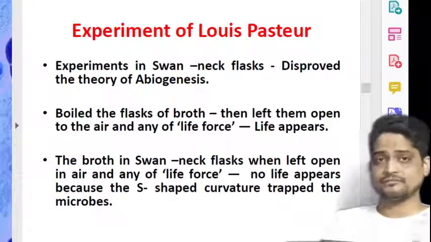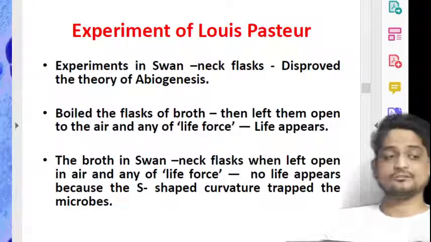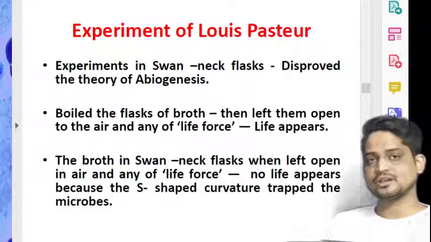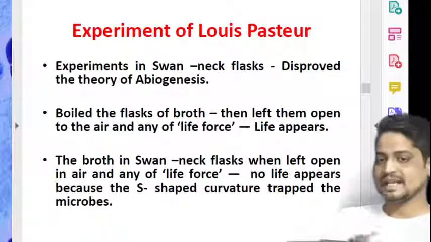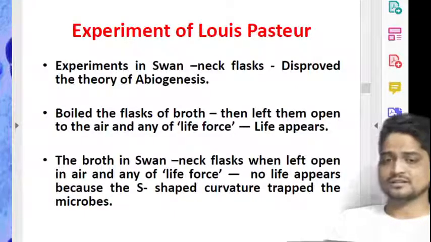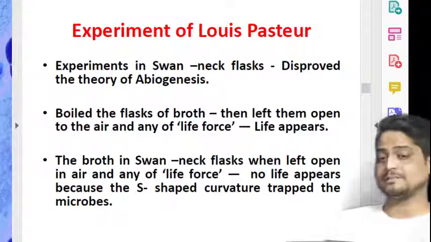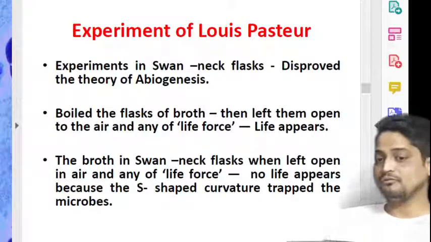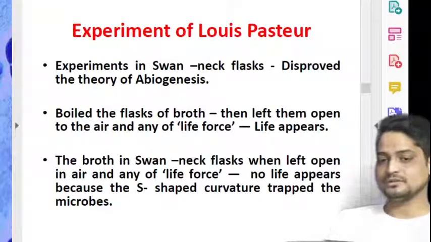The experiment of Louis Pasteur, the rule breaker, was the one that actually demolished the abiogenesis theory. In the swan neck flask experiment, the broth was boiled, and then the flask was left open to the air.